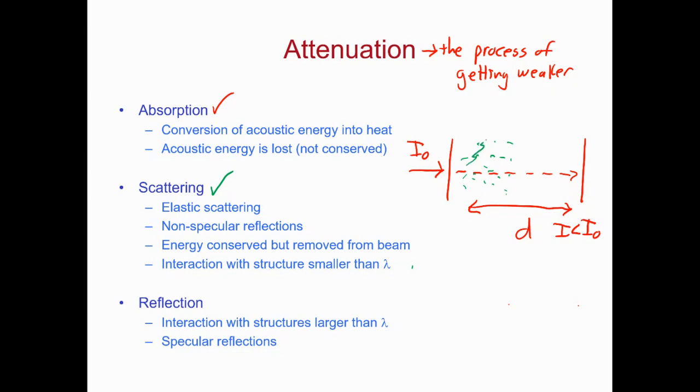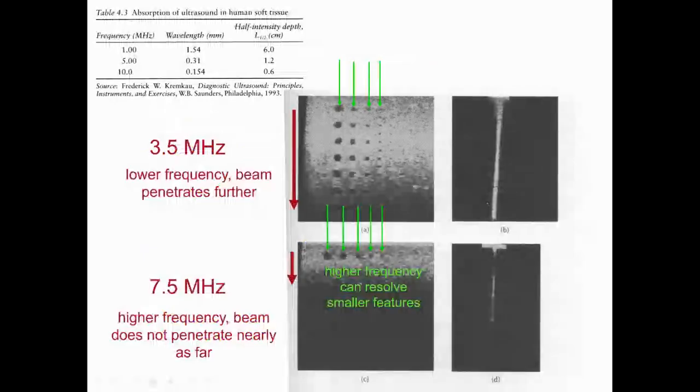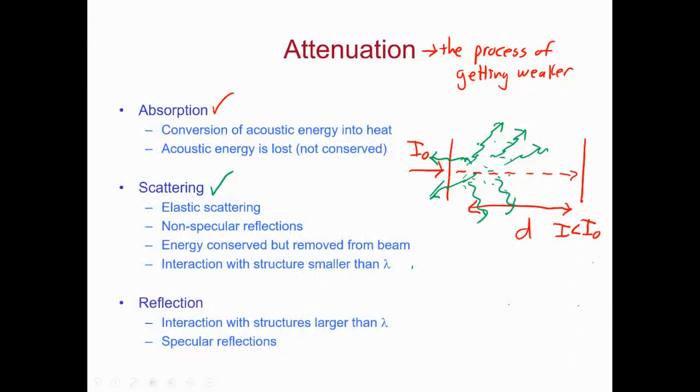So this just means that some of the waves are going to go off this way, that way. This is scatter. It scatters out of the beam. Some of it might go back, and you might detect that as well. But some of it goes this way, and some of it goes this way. So the energy is conserved there, because it's not converted to heat and lost, but it's removed.